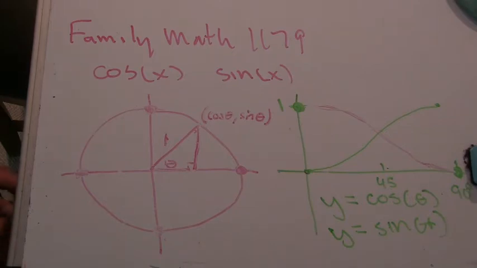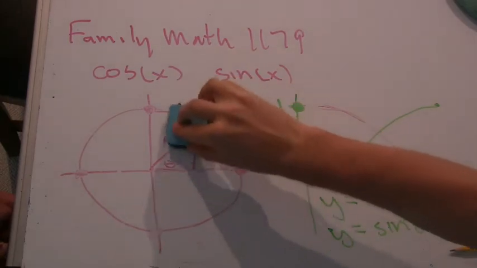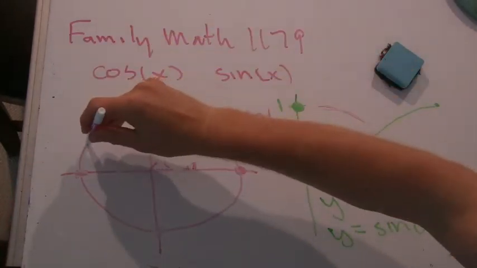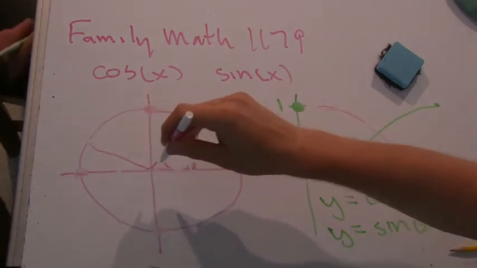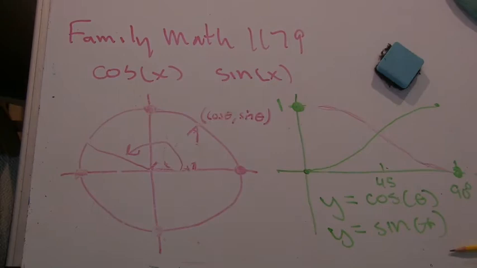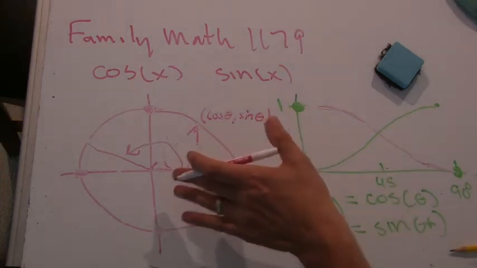Like, let's say if I made this angle theta go over here. So let's draw something over here. So theta is all the way around like that. So what do you think cosine of that angle is just in this visualization?